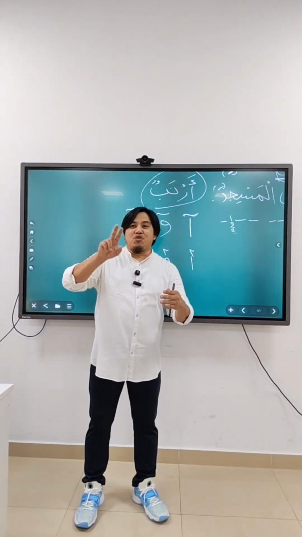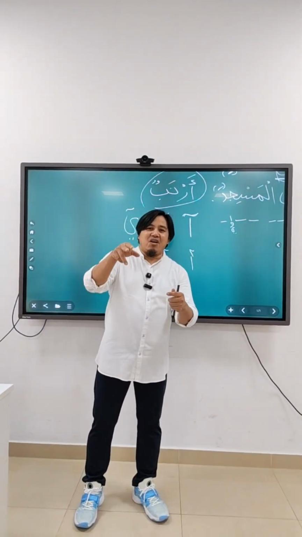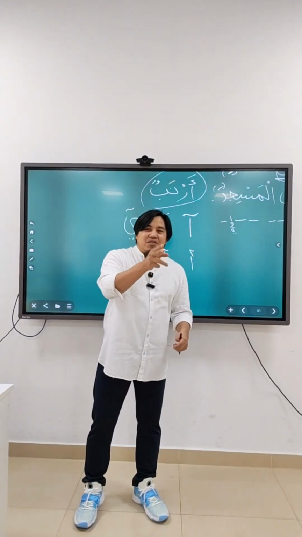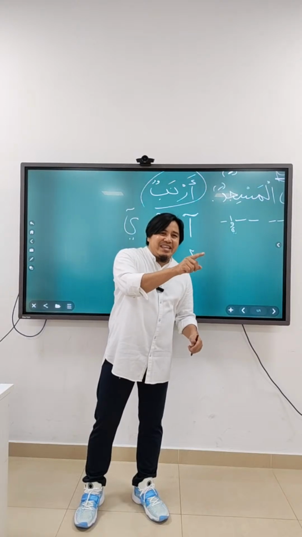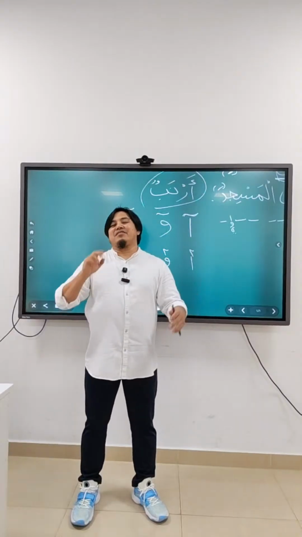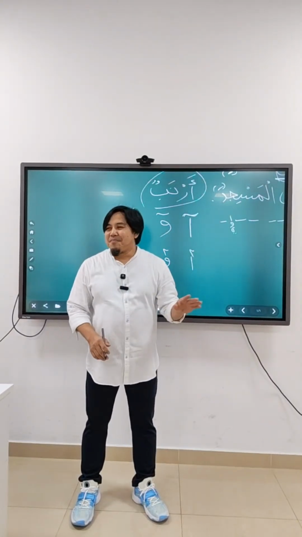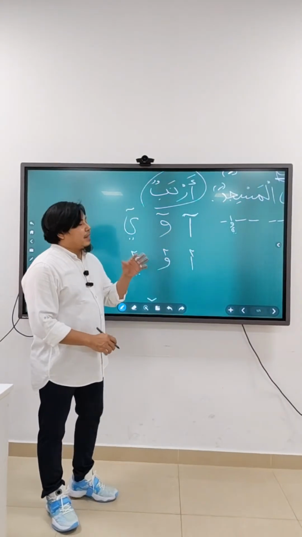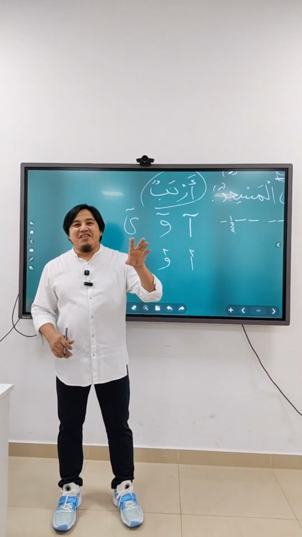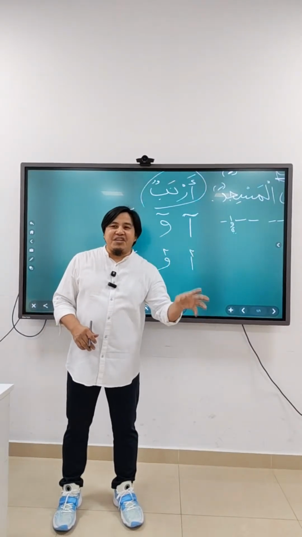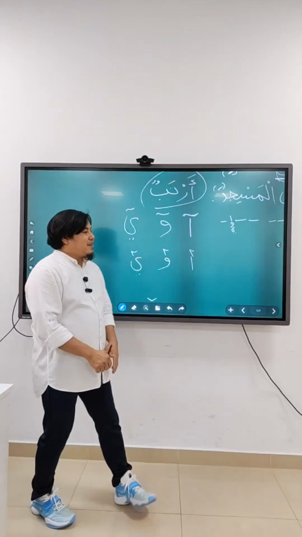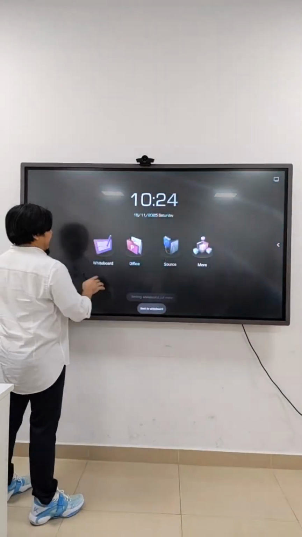You can prolong for 2, 4, or 6 on lin. That's it, optional. Okay? And that is applicable in every mad arid lisukun when you are going to end. Okay? So, proceed.